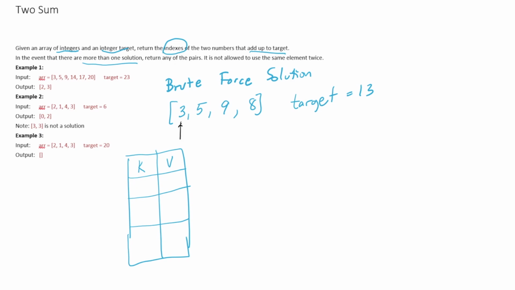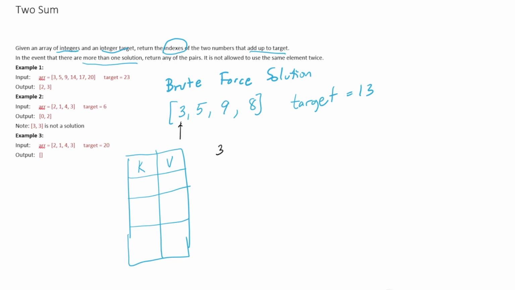So 3. When we have the value 3 and our target is 13, we need to find a complement value of 3 that will add up to 13. If we have 3, what do we need to add to 3 that will result in 13?